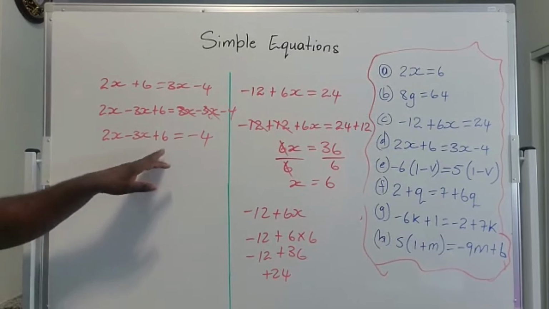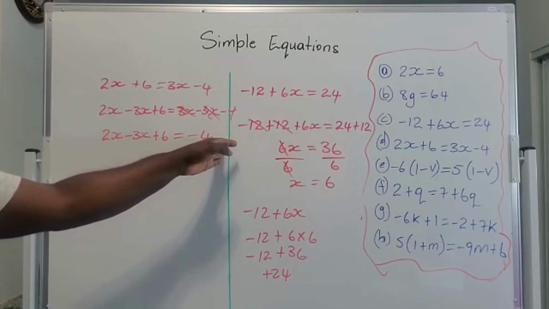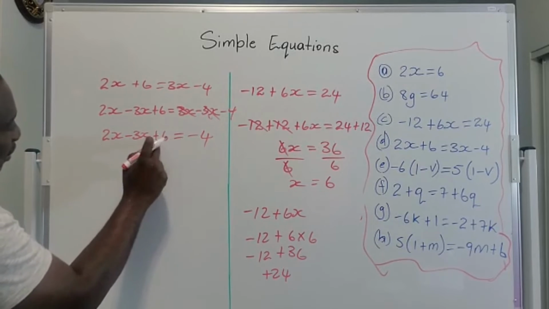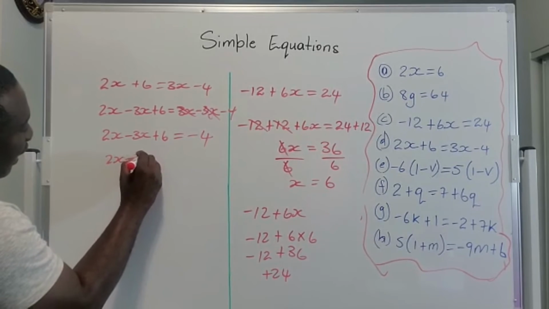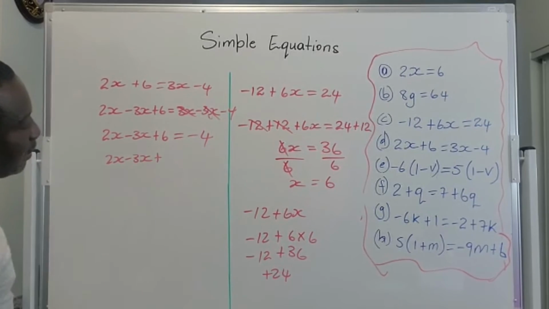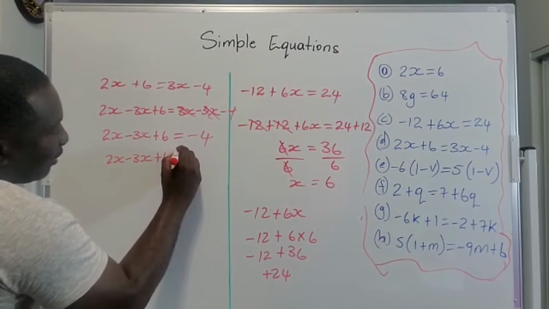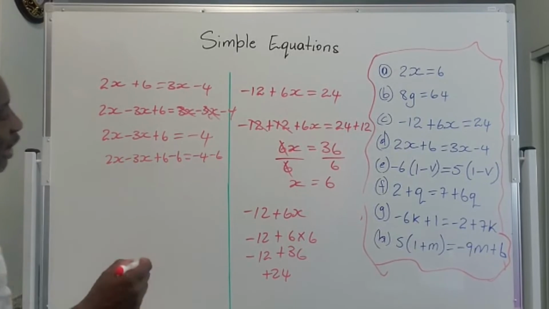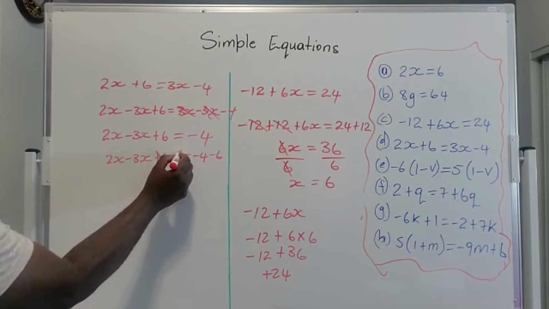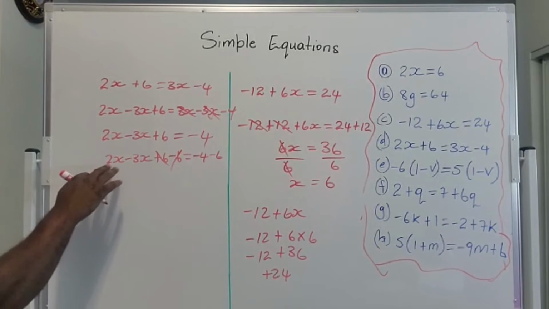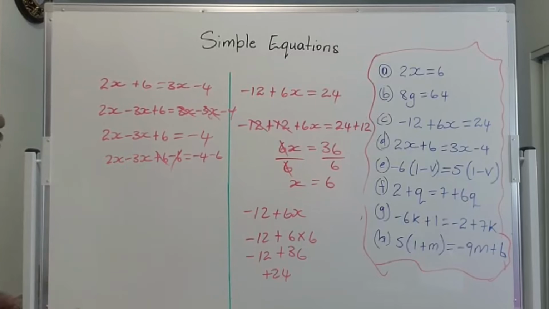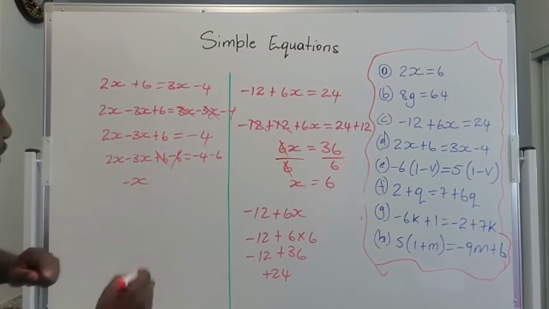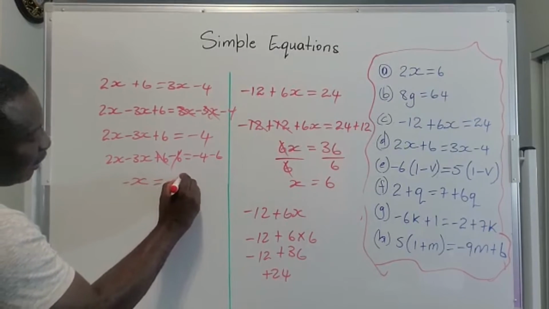Now I need my 6 to be over on the other side, so I know for sure if I simplify here, 2x minus 3x plus 6, what if I add minus 6 on this side is equal to negative 4, negative 6. Guys, this way I get rid of 6 here. Now, 2x minus 3x will give us negative x. Now we are adding two negative signs, which will give us negative 10.